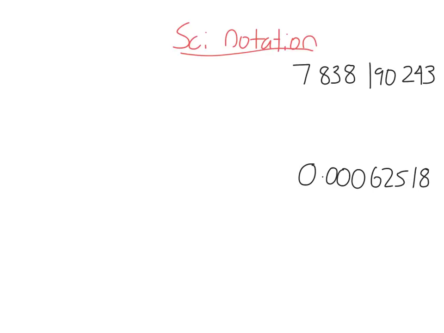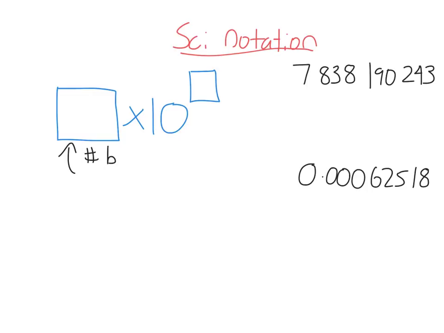There is a convention as to how we write the numbers that makes them easier to work with, easier to remember, easier to compare. So it's important we follow the convention so we can compare them easily. The convention for scientific notation is you write the first few digits in the first box and you times that by 10 to the power of something. What goes in the first box is a number between 1 and 10, so this number is usually a decimal.